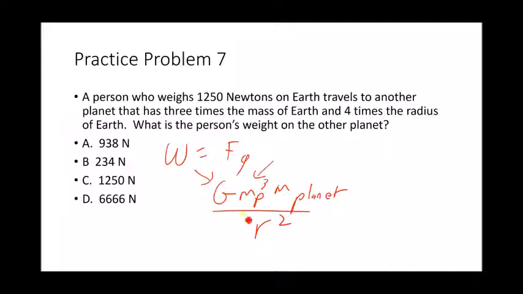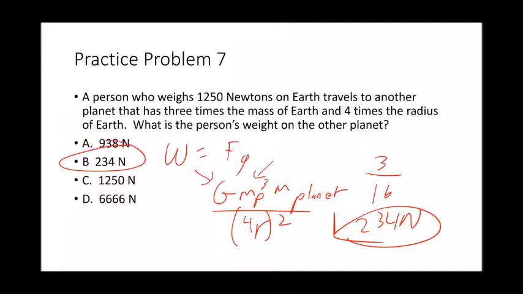So this becomes 4, and that 4 gets squared. So that's telling you that the new weight is going to be 3 on top over 16 on the bottom, 3/16 of the original weight. And if we take 3/16 of 1,250, we end up with about 234 newtons as the weight of the person on the new planet.